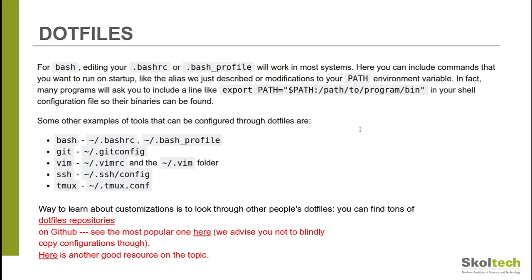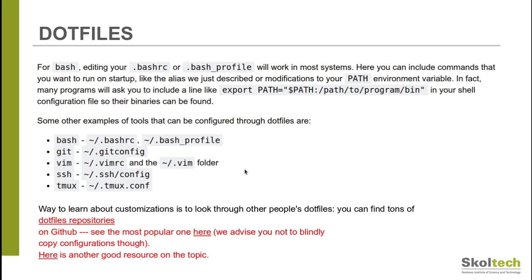Here you can include commands that you want to run on startup, like the alias we just described, or modifications to your PATH environment variable. In fact, many programs will ask you to include a line in your PATH environment variable. So you can do this in your .bashrc or .bash_profile file.